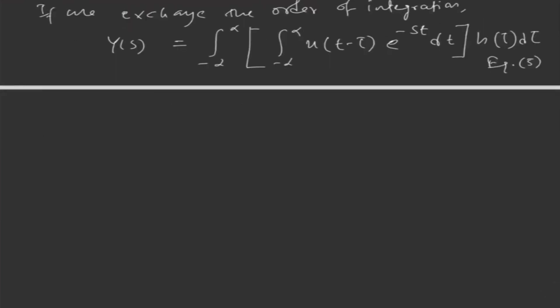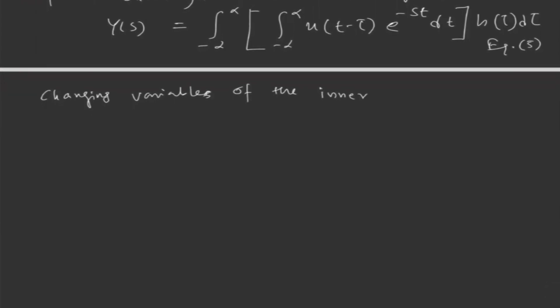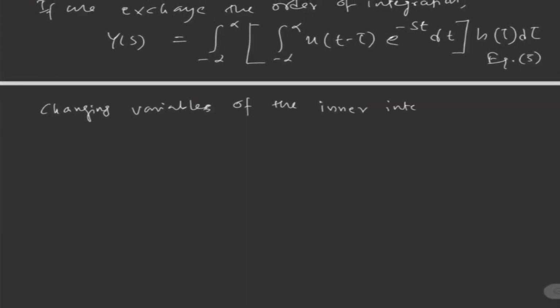Now, if we change the variables of the inner integral by defining t minus tau equal to eta, we have the following expression.